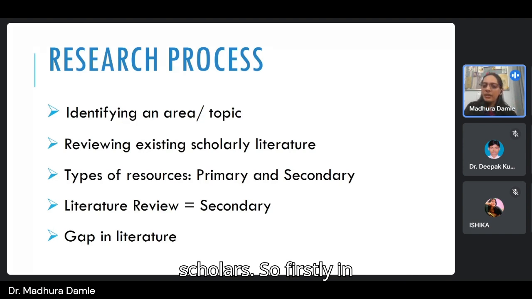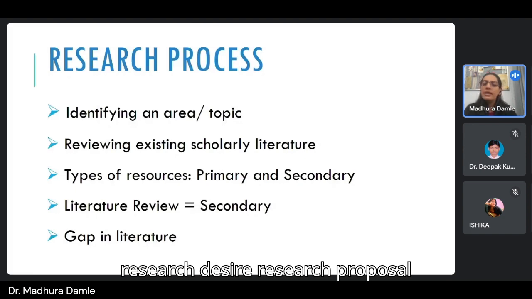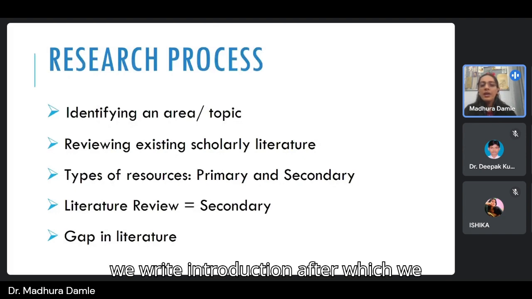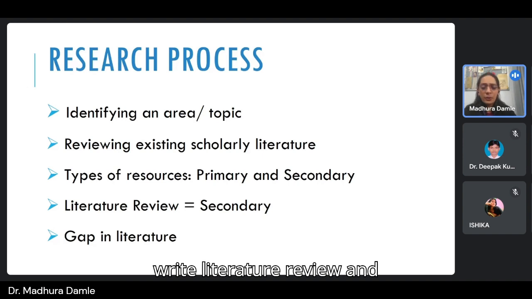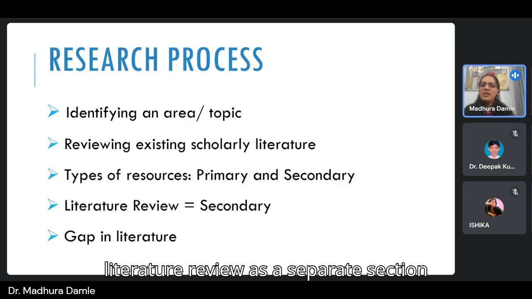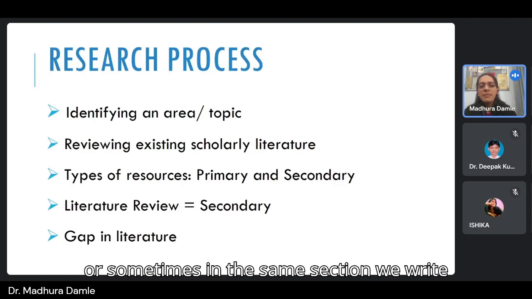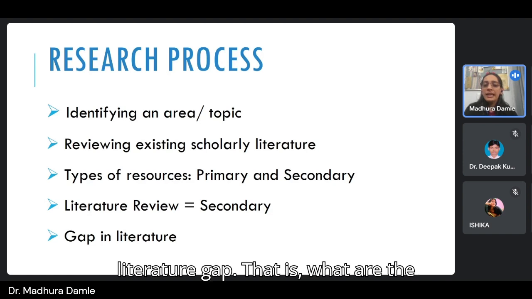So, firstly, in a research proposal, we write the introduction, after which we write the literature review, and towards the end of the literature review, as a separate section or sometimes in the same section, we write the literature gap.